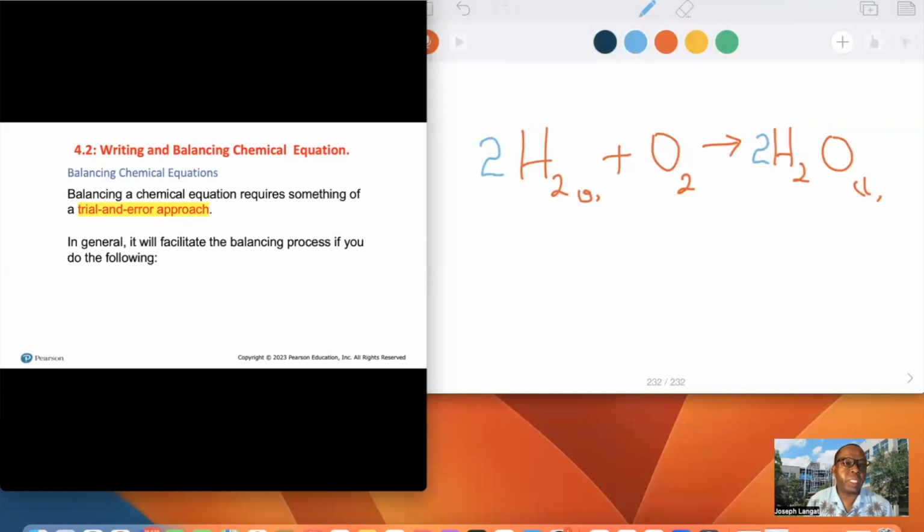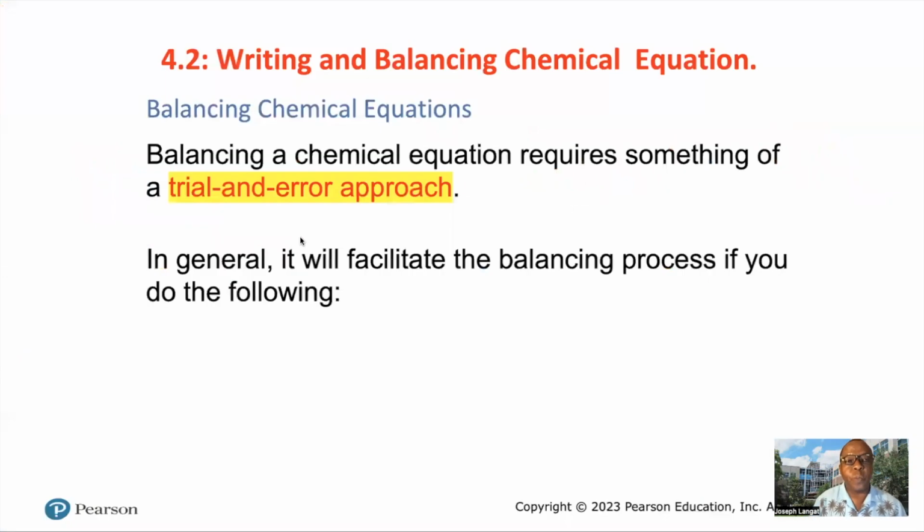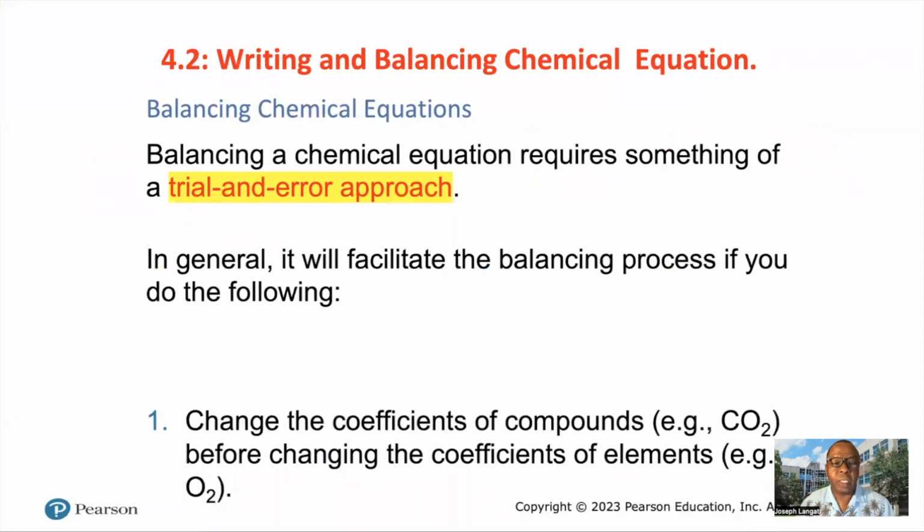Remember that, as I said, there is no formula. It is just a trial and error approach, using numbers in front of a reactant or reagents and in front of a product or products, in such a way that all atoms on either side of the reaction are equal.